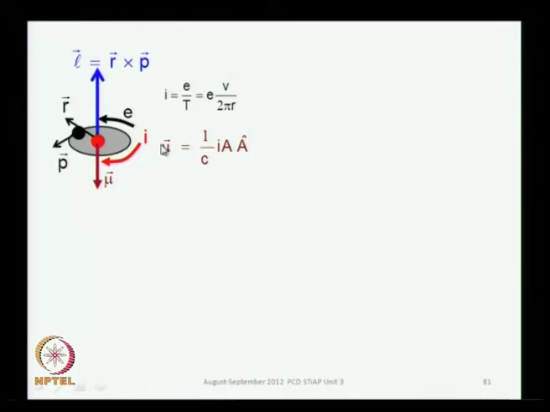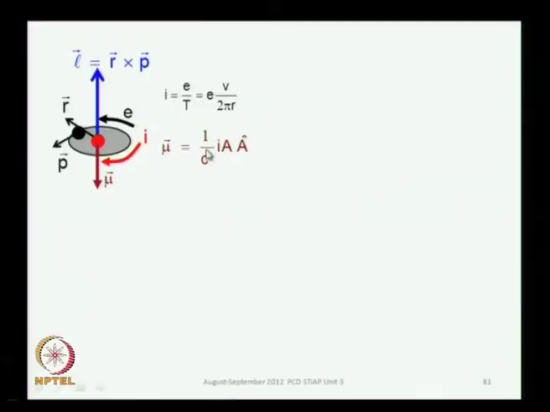The I cross A is the term that you typically look at in SI system of units, right. The equivalent magnetic moment of a current carrying loop is I cross A. I is not quite a vector, but of course you are looking at the magnitude of the current multiplied by the direction in which the current is moving. Okay. So, that is the interpretation of I cross A.